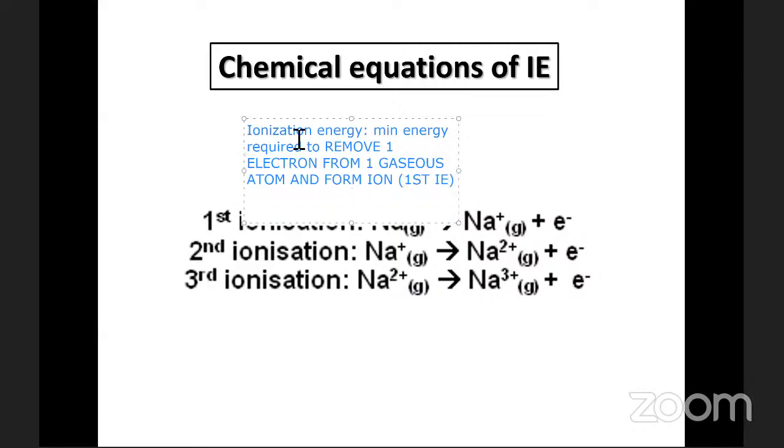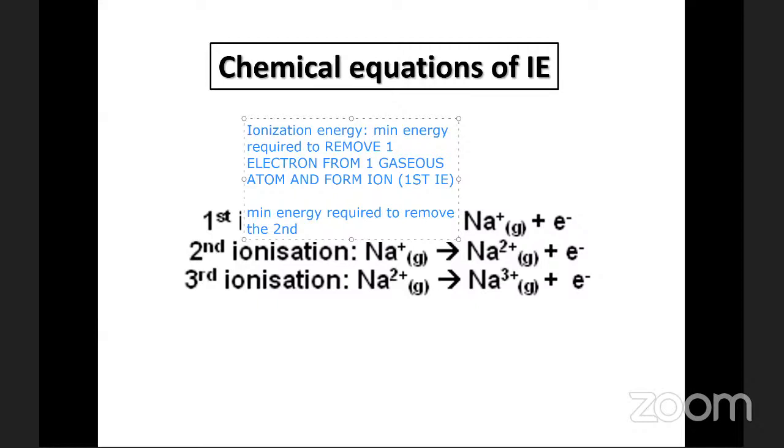For the second ionization energy, the definition is again the minimum energy required to remove the second electron.